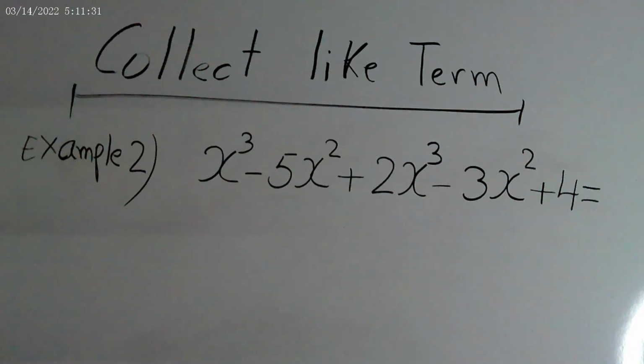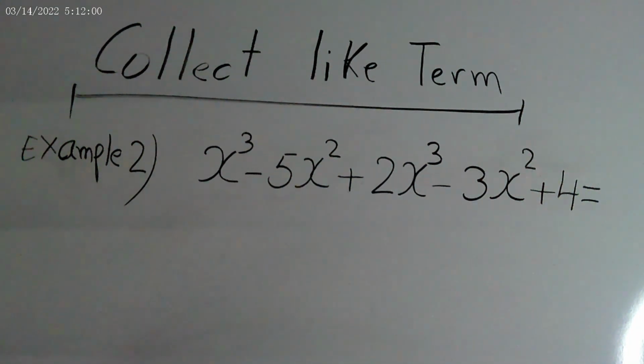So now we are going to do example 2. You have x to the 3 minus 5x to the 2 plus 2x to the 3 minus 3x to the 2 plus 4. So now you're going to check which ones have the same exponent.